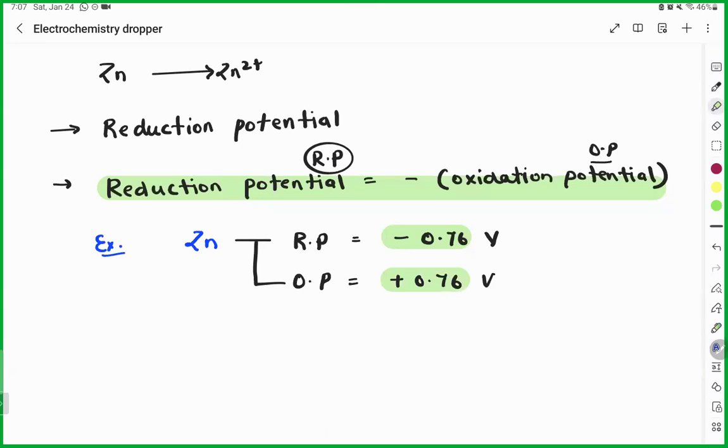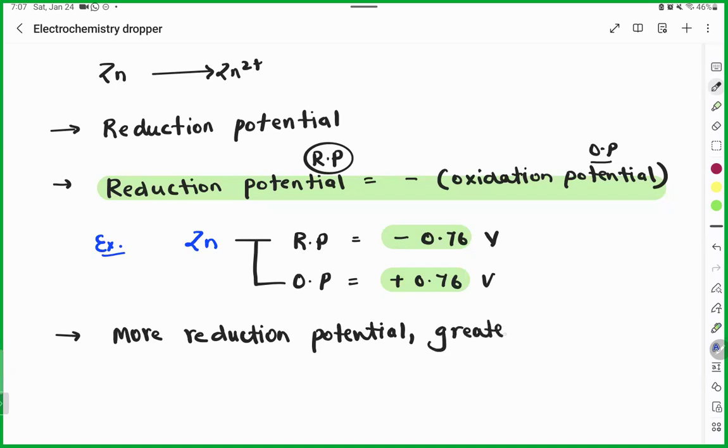I am going to write a very important statement, though very easy to understand. If you have more reduction potential, there is a greater tendency to reduce. Interestingly, this is a JEE 2017 question.